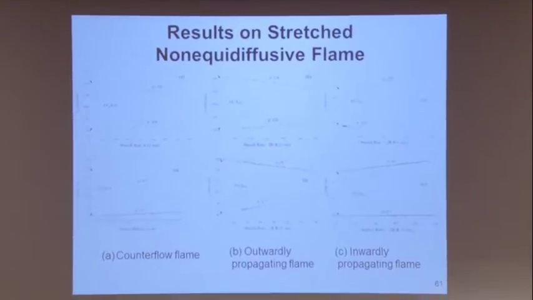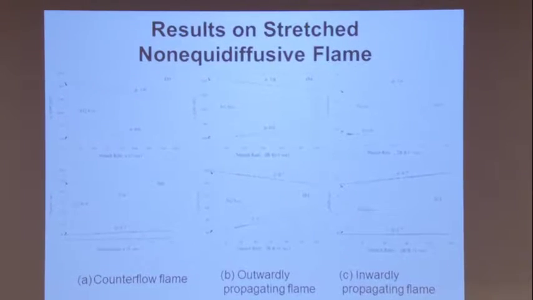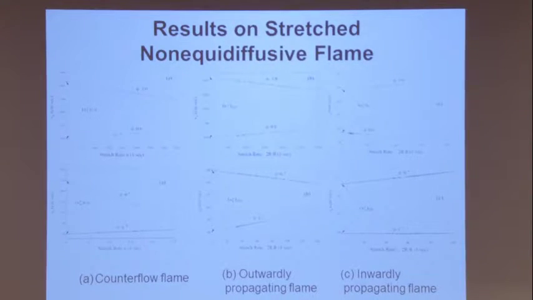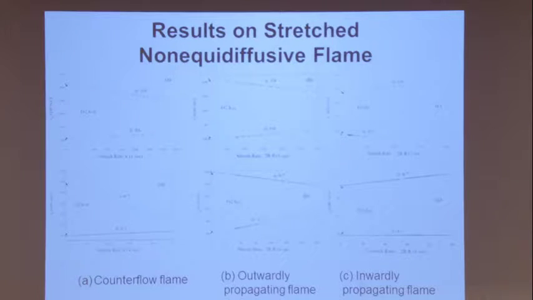So again, if it's lean, it's going to cause it to extinguish. If it's rich, it's going to make it burn stronger. Lean, well, depends on the Lewis number. So you guys look into this. These are the results. Some calculated, mostly calculated results. But you can see, counterflow flames.